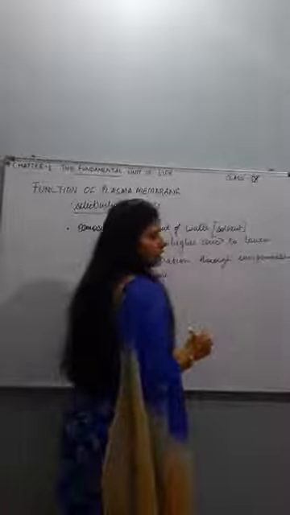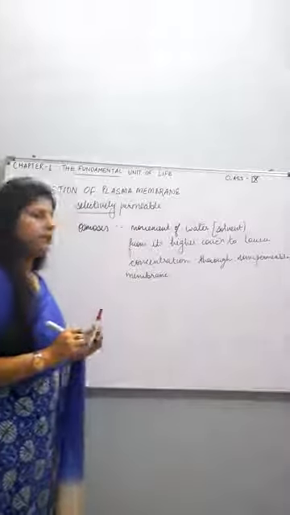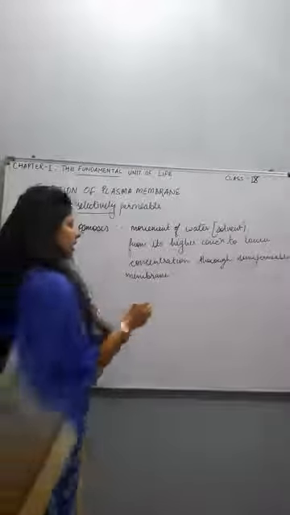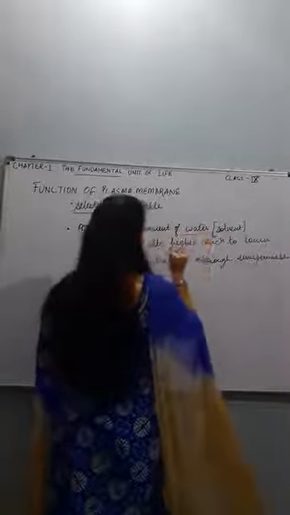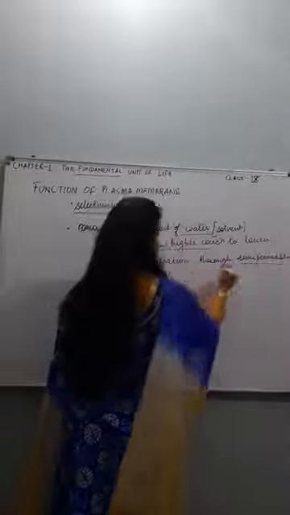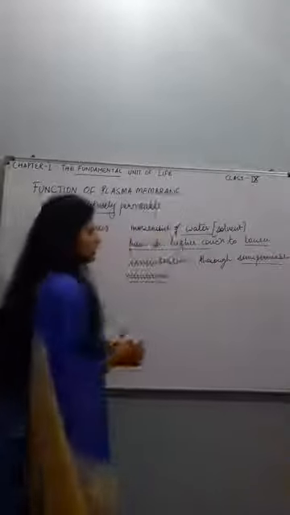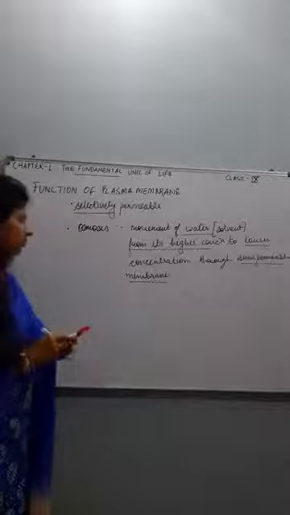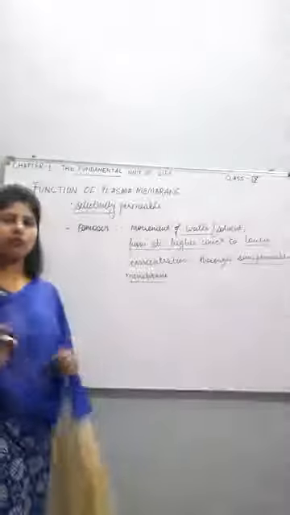So there are 3 or 4 important terms in osmosis, that is movement of water from its higher concentration to lower concentration and through SPM. Okay, so these are the important things. So we have to learn about what is osmosis.